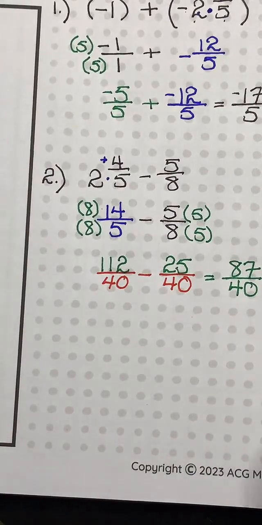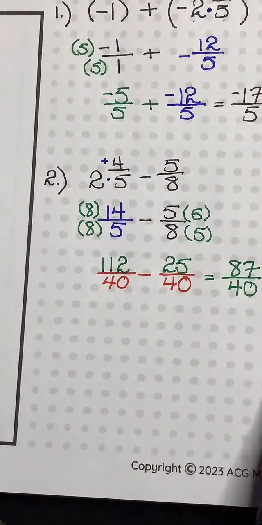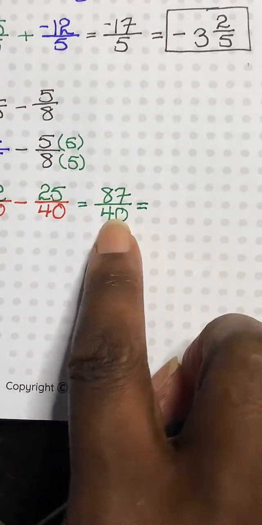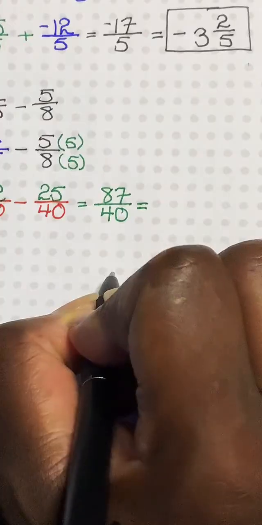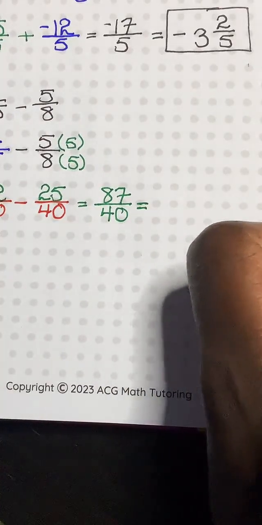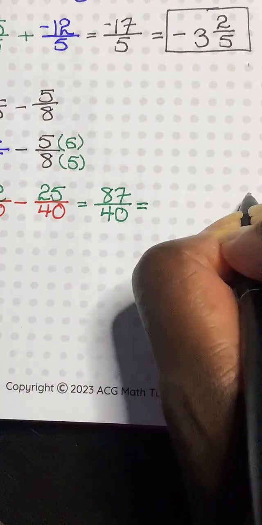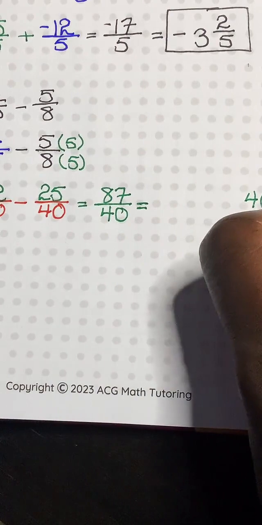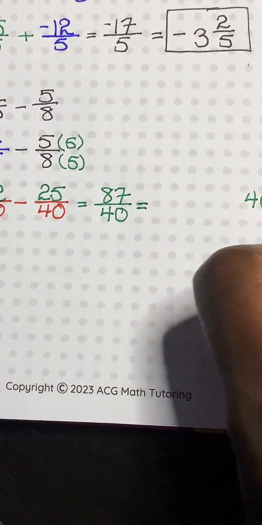It's pretty good. So, just to show how we can break this 87/40ths down, because it's an improper fraction, remember, you can have your 87 divided by your 40s. Like, how many 40s can go into 87? 2 of them.